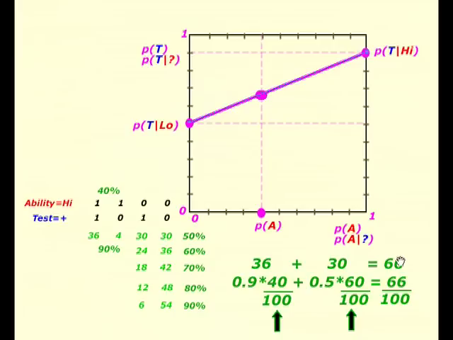So we built up those three pieces, and then we started to calculate inverse probabilities. Along the way, we can figure out our probability for getting a positive test result, which is 36 and 30, 66. It's just a number that lies along the straight line between here and here.